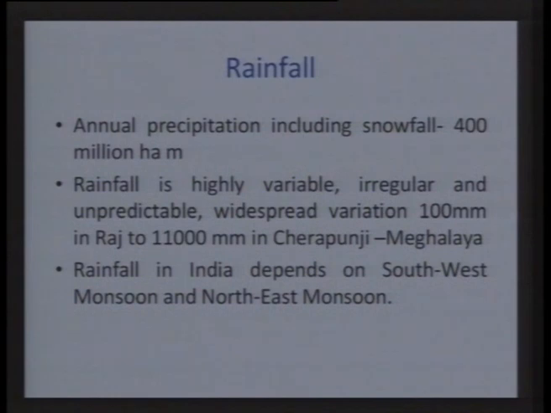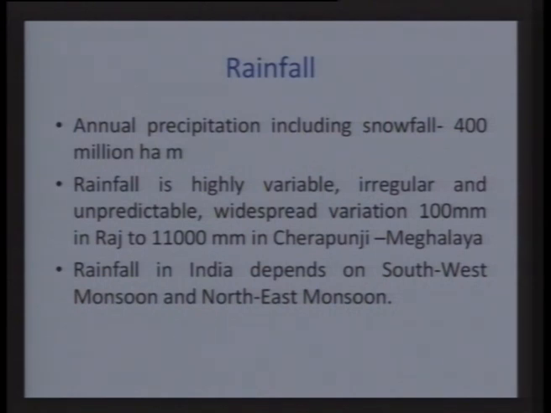So among the water resources, we get water mainly through rainfall, and in our country annual precipitation including snowfall is to the tune of 400 million hectare meter. Rainfall in our country is highly variable, irregular and unpredictable, and widespread variation is observed across the country, which varies from 100 millimeter in Rajasthan to 1100 millimeter in Cherrapunji, Meghalaya.